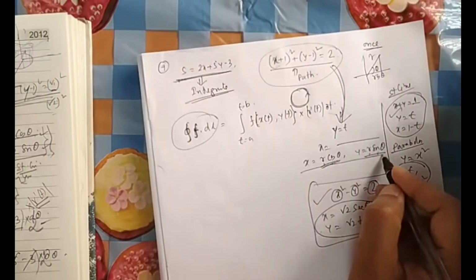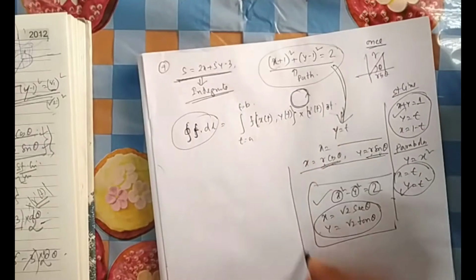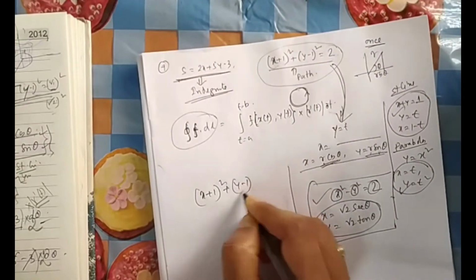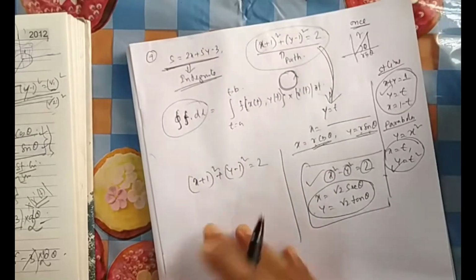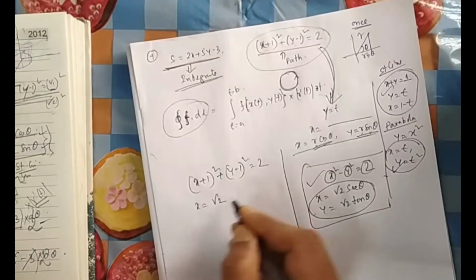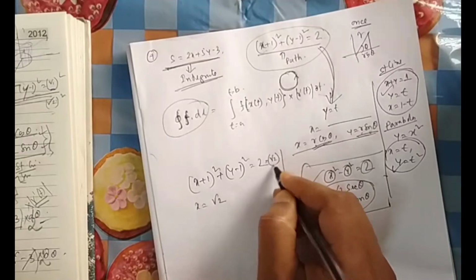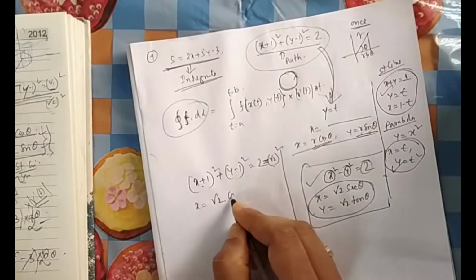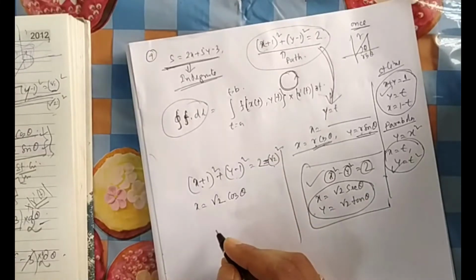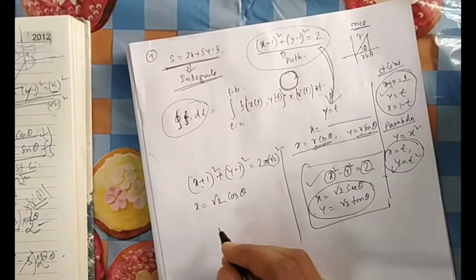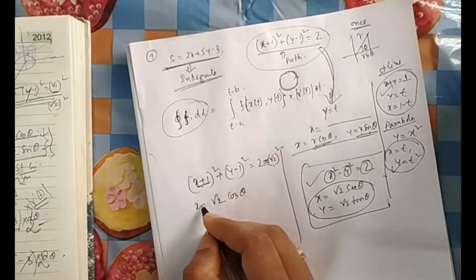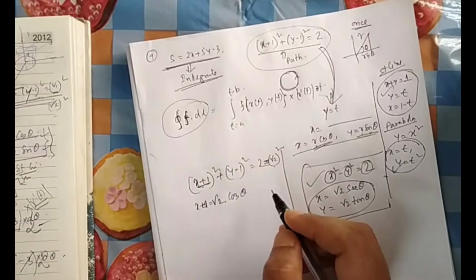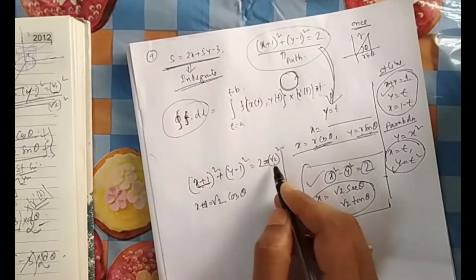So coming back to this, we have to parameterize this one. These were the examples of how we will do it. But if we want to parameterize this one, what was the concept? x is equal to r. R is here root 2, because it is root 2 whole square. X square plus y square equal to r square is the equation of a circle. So x plus 1 equals root 2 cos theta, because this square plus this square equal to cos square plus sin square equal to 1.